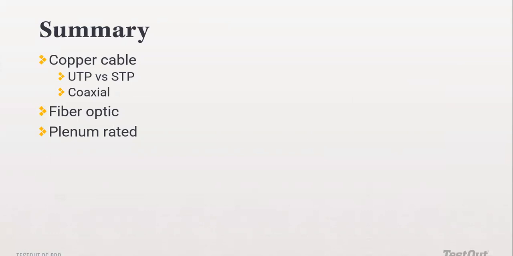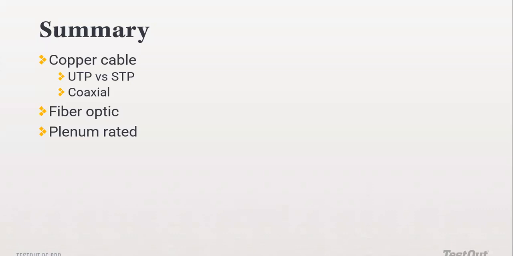And we also mentioned that these are cables that are affected by EMI, electromagnetic interference. But the fact that some of them are shielded protects them from this electromagnetic interference. We also talked about fiber optic cables, and we saw the advantages of these cables and their disadvantages, and also tried to make a visual representation of these cables as well.